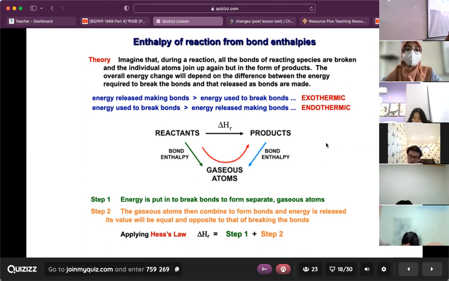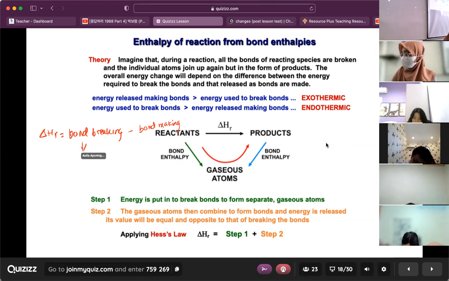And usually when you are in Sec 3, delta H of reaction equals bond breaking minus bond making, right? Bond breaking means this one is from the reactants and this one is from products.